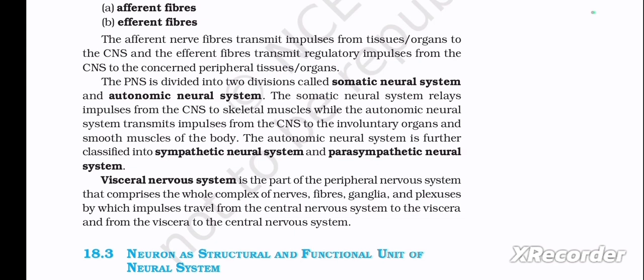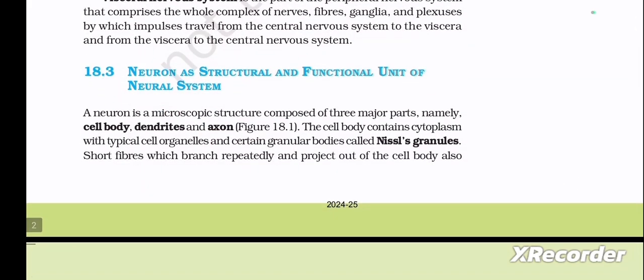Visceral nervous system is a part of the peripheral nervous system that comprises the whole complex of nerves, fibers, ganglia, and plexuses by which impulses travel from the central nervous system to the viscera and from the viscera to the central nervous system.